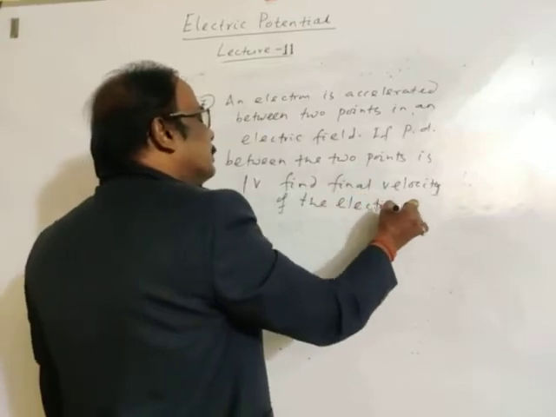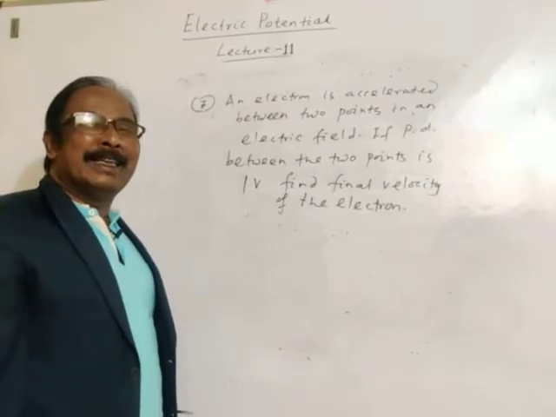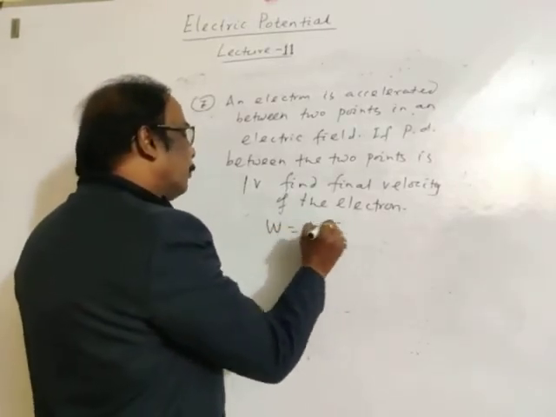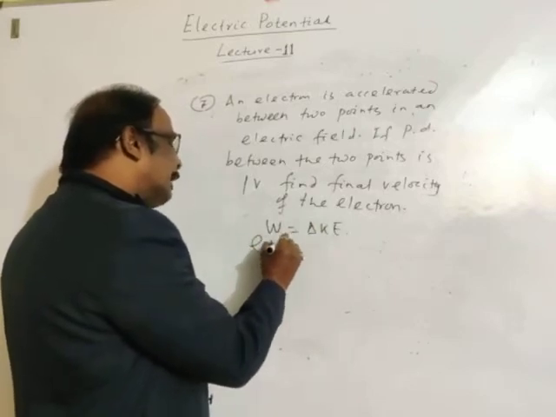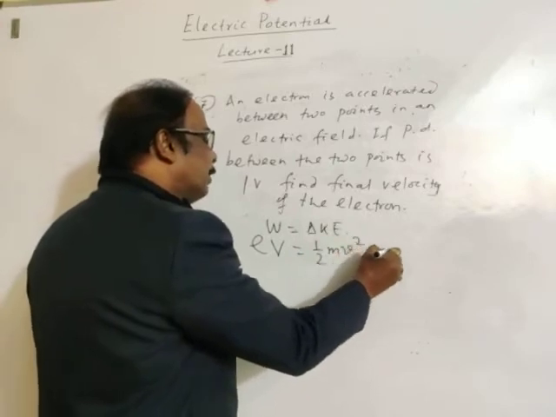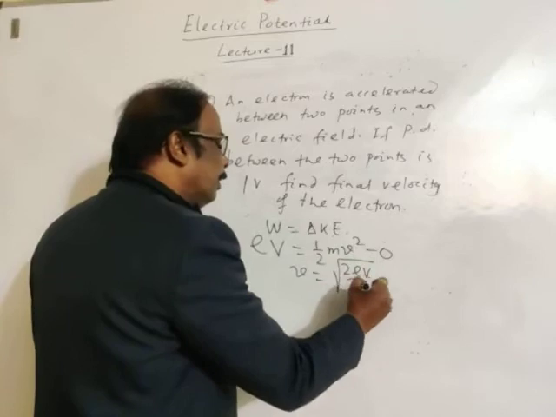We have already discussed the concept. Okay, here the principle is work is change in kinetic energy, and work is charge into potential difference. Change in kinetic energy is half mv square minus 0, then final velocity is square root of 2 eV by mass.